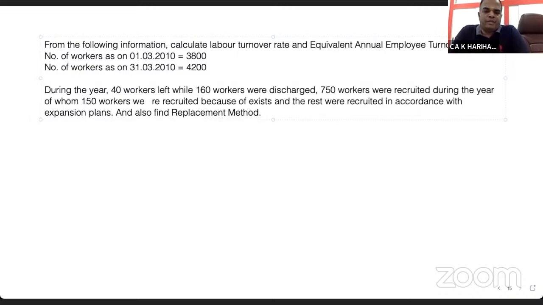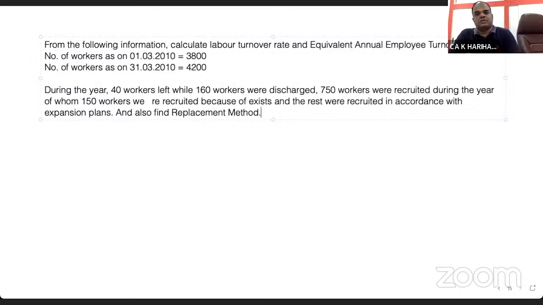From the following information, calculate labor turnover rate and equivalent annual labor turnover rate. Number of workers in the beginning 3,800. Number of workers at the end 4,200. During the year, 40 workers left, 160 workers were discharged, and 750 workers were recruited during the year, of which 150 workers were recruited because of existing replacement, the rest with expansion.